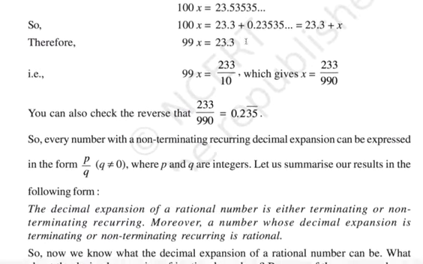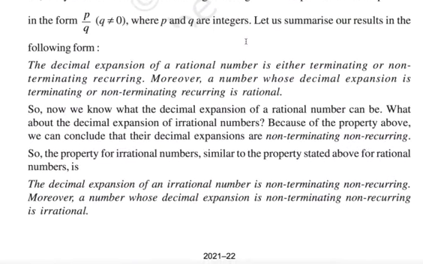Yes, similar example. Okay, let us summarize our results in the following form. The decimal expansion of a rational number is either terminating or non-terminating recurring. Moreover, a number whose decimal expansion is terminating or non-terminating recurring is rational. So now we know what the decimal expansion of a rational number can be.